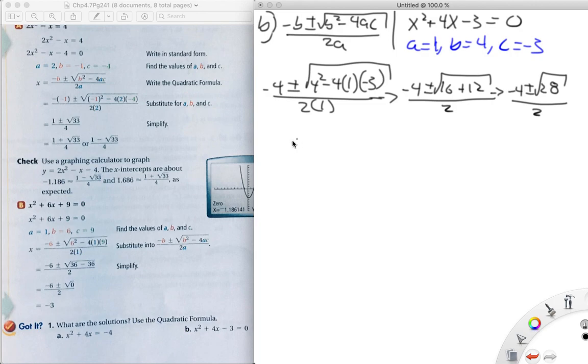Okay, so now we have two scenarios, right? We have negative 4 plus the square root of 28 over 2, or we have negative 4 minus the square root of 28 over 2. We can still even simplify that further.